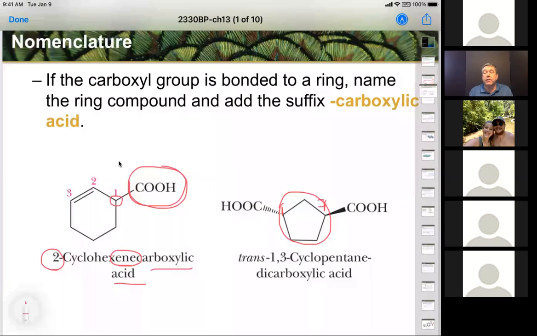And because we have a ring, we have fixed stereochemistry, so they can't rotate, and therefore one's going up, one's going down. That makes it trans-1,3-cyclopentane dicarboxylic acid. Okay? So we're not going to lose any of our nomenclature rules here. We're just going to keep adding on to them.